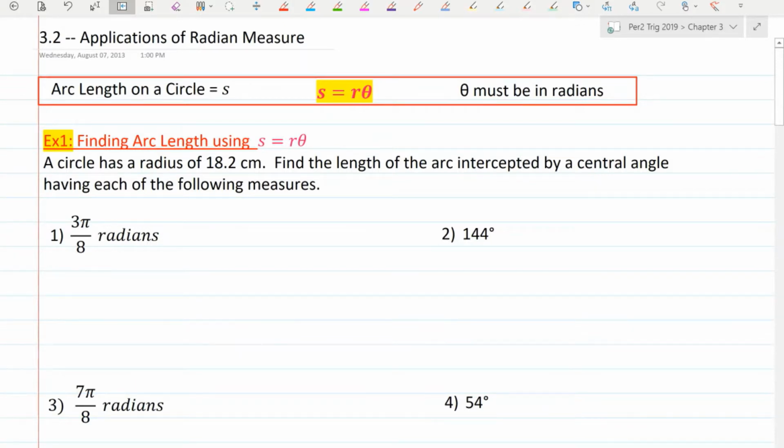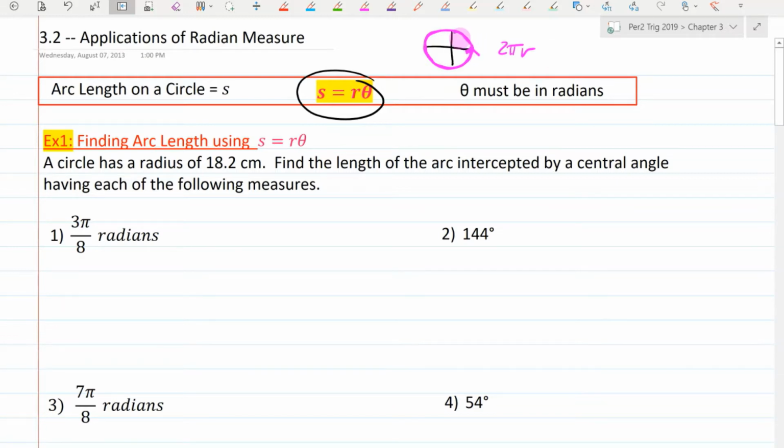Ms. Parks, and we are going to be using radian measures to solve arc length and area of a sector. So basically these are portions of a circle that you're going to find. S stands for arc length. If you were measuring all the way around the circle, if you could lay this line down flat and measure the length, it would be 2 pi r.